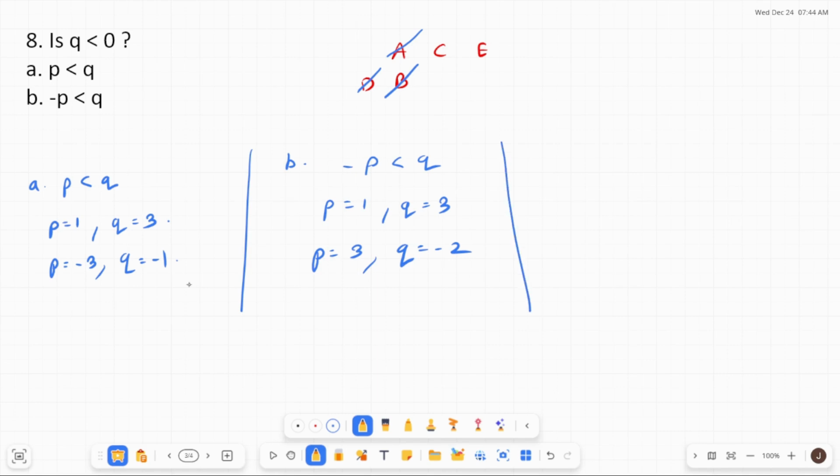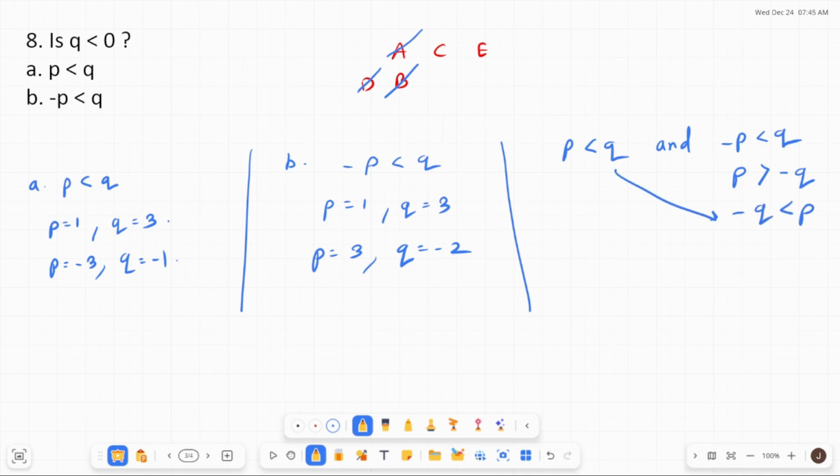If I combine both the statements, I know that p is less than q and negative of p is less than q. Multiply both the sides by negative sign, so I will get p and here negative q. And because you have multiplied it by a negative sign, the sign changes. It will become p greater than negative q, or you can write it as negative q is less than p.